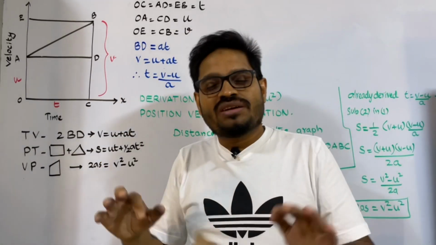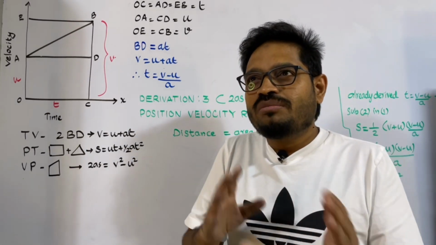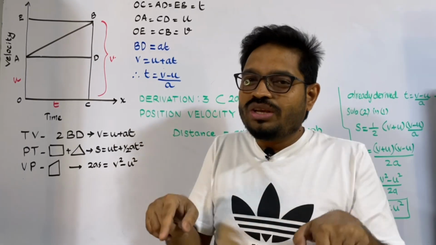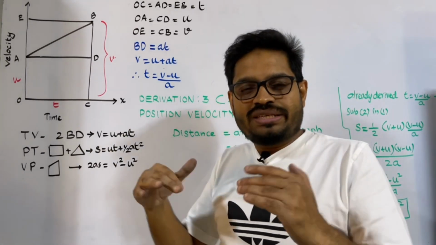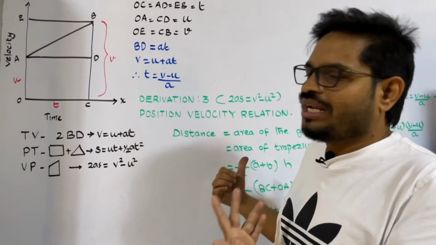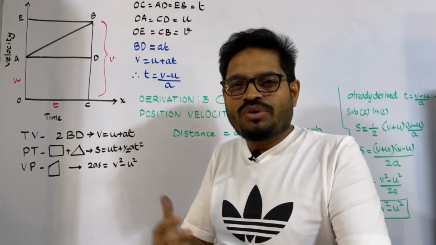And then the third one, when you get this derivation, position velocity, PV, put it opposite, VP. Oh, VP is sitting in that room, trapezium. Fine, area under the graph, that is the distance. The trapezium's area is equal to half into the sum of the parallel sides into the height, and then put all the values.